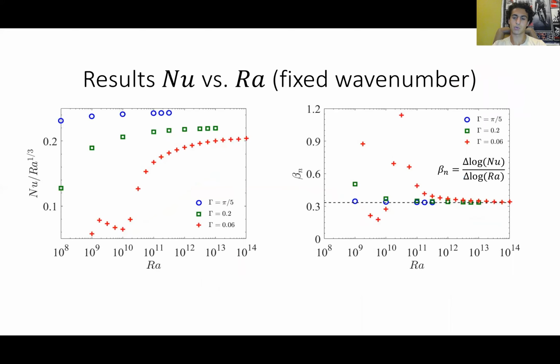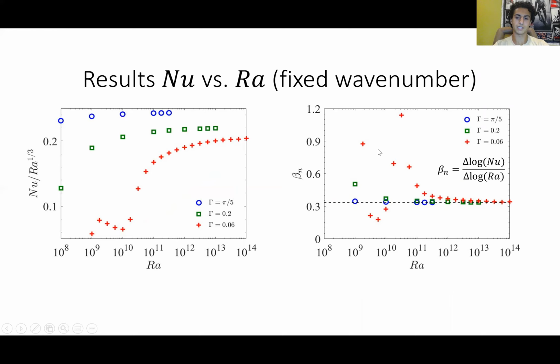So what about the fixed wave numbers that we were talking about? Basically, this time we are fixing the wave number, and it's a relatively large one. The aspect ratios are small, as can be seen here. From this graph, the data is definitely approaching a constant. What that means is that this ratio is approaching a constant, so Nusselt seems to be proportional to Rayleigh to the 1/3.